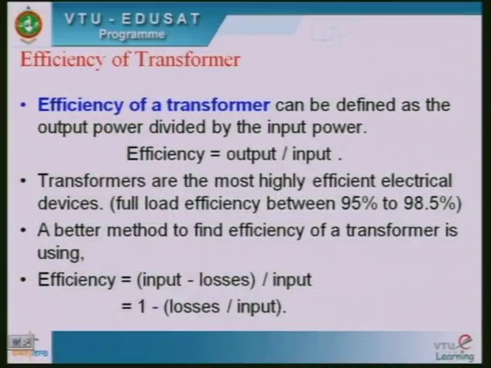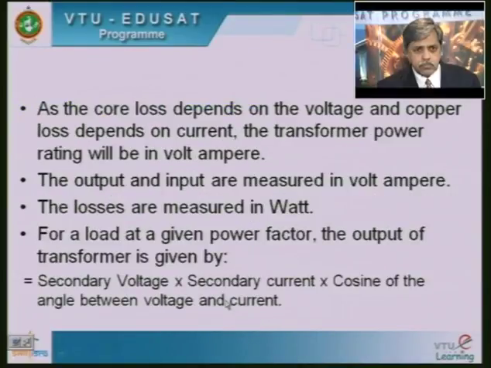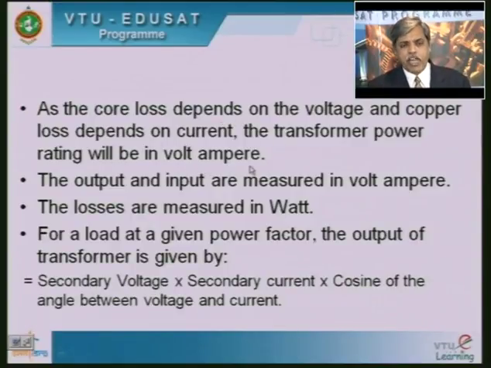So if you see this slide, I can measure the losses in a transformer and use this equation to calculate the efficiency of the transformer. As the core loss depends on the voltage and the copper loss depends on the current, the transformer power rating will be in volt amperes.